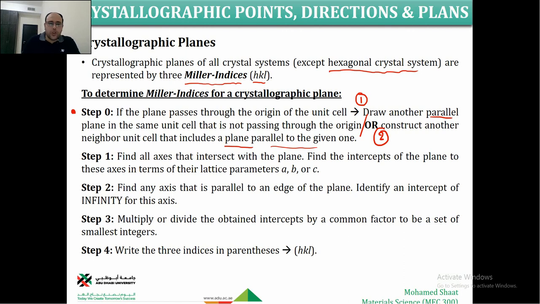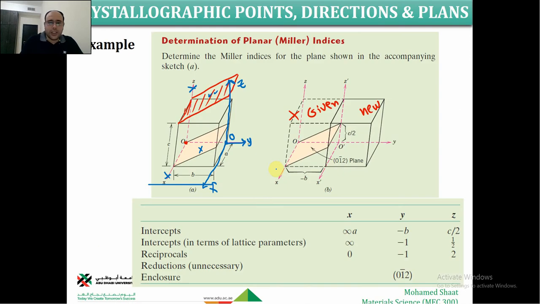In step 1, your objective then is just to find all axes that intersect with the plane. So if I decided to apply the new method, it works like you already drew a new unit cell. Because in the new unit cell, this is the new origin, which is typically the same as I've done here. Make sense?